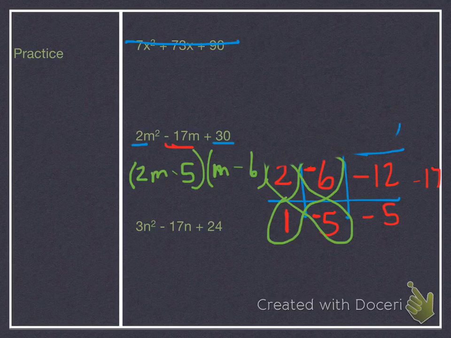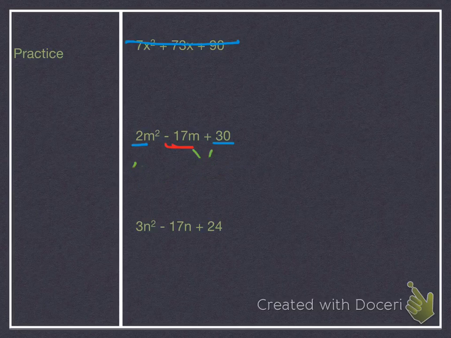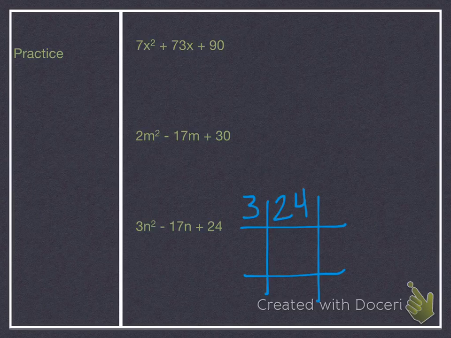Now for the last one, it's going to be boom, boom, boom, boom. I'm going to have a 3, I'm going to have a 24, and I'm going to have a 72. Now the number again I have to get to is negative 17.